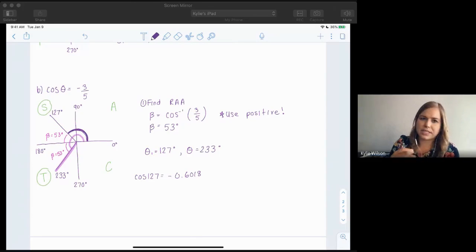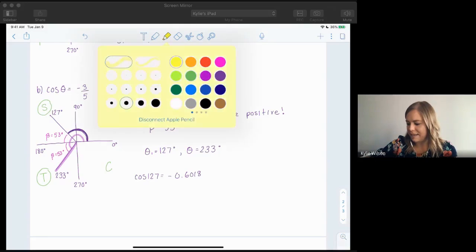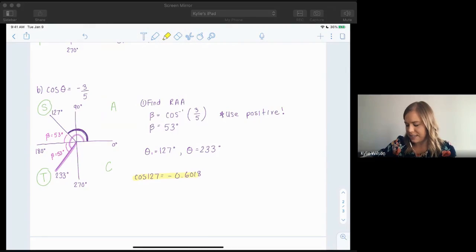That extra decimal is just a little bit of rounding error, but I end up getting the same answer. So there is a way to check your answer. Unfortunately, if I try to use my cosine inverse and go backwards, it always just gives me my related acute angle, not the real angle. But there is a way to check your answer, which I think people always really appreciate.